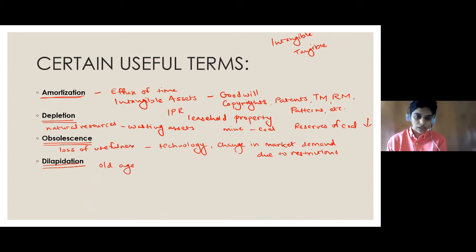If you see old buildings, you will observe that their physical condition is not the same as that of a new building. You'll observe cracks or that certain parts are falling off. That is dilapidation. So if you're charging any decline in value on such buildings that have been used for a long time, then that depreciation will be called dilapidation.